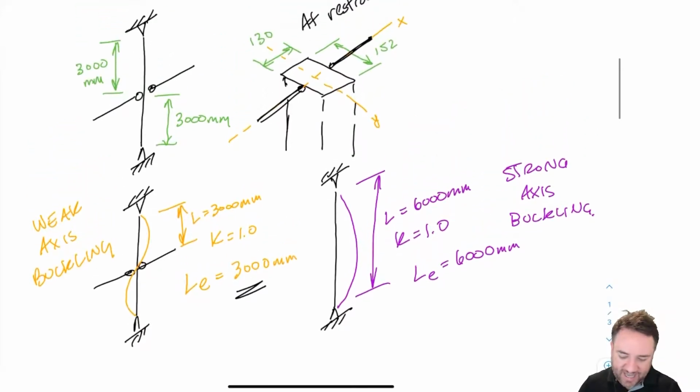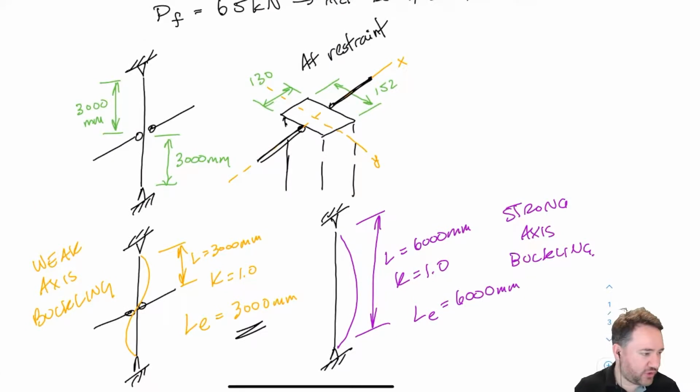It's the weak axis direction, so it's the 130. Okay, so we're buckling in this direction. That's the dimension that I use when I calculate the slenderness for buckling in that direction, because it's the depth of the member in the direction of buckling that affects how prone something is to buckling.